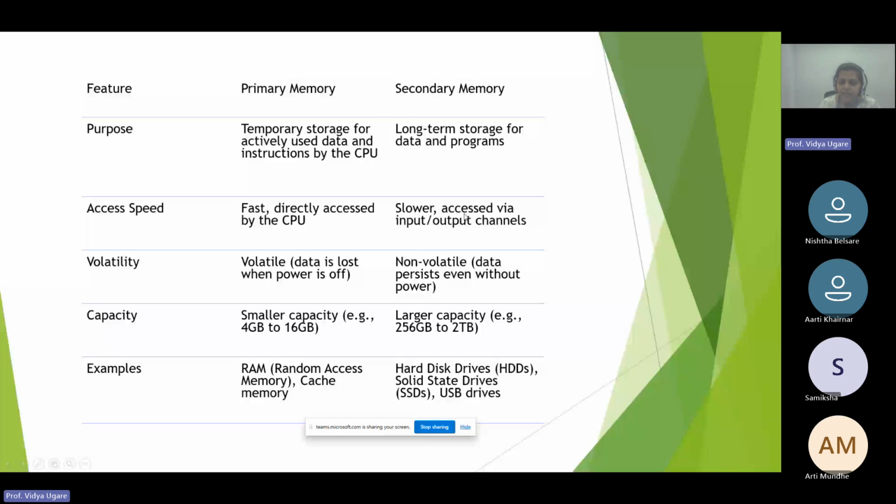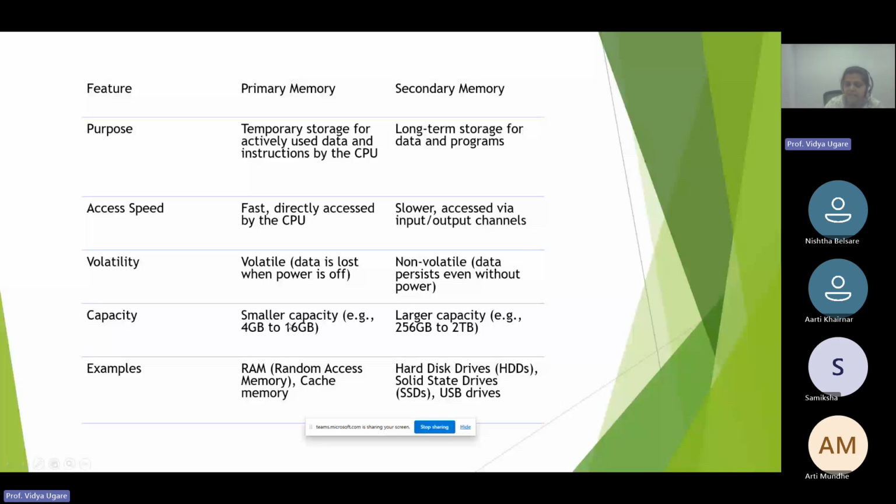Primary memory is also called volatile, because here the data is not permanently saved. It is saved temporarily. Whereas secondary memory is non-volatile, which means the data is saved until and unless you delete it. It comes in a smaller capacity, as I said.